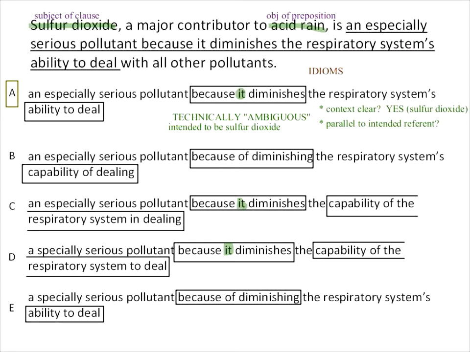What does it do in its respective clause? It is the subject of its own clause. Notice that the clause following because is another clause. This clause up here, sulfur dioxide is a pollutant, is one clause. And then it diminishes is another clause.